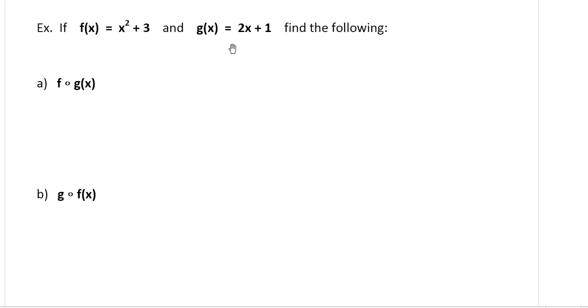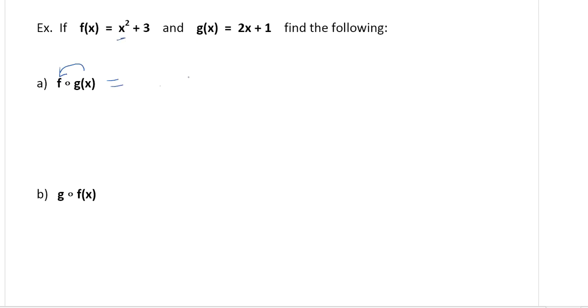We're going to do both f of g and g of f. So we're going to take this function g, this 2x plus 1, and put it inside the function f, where that x is.